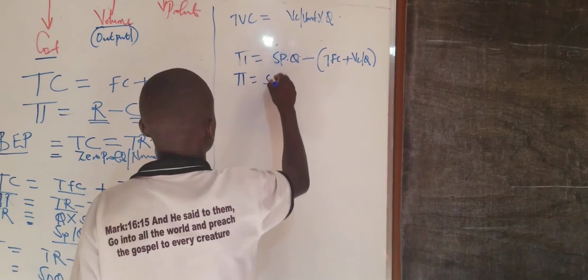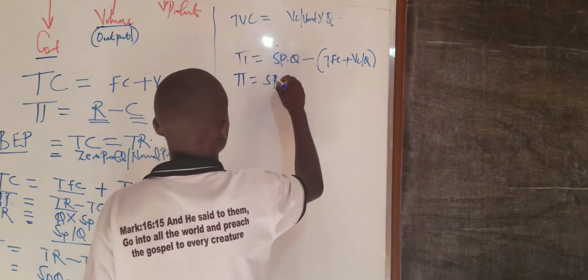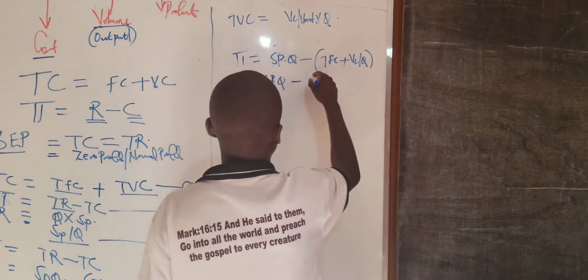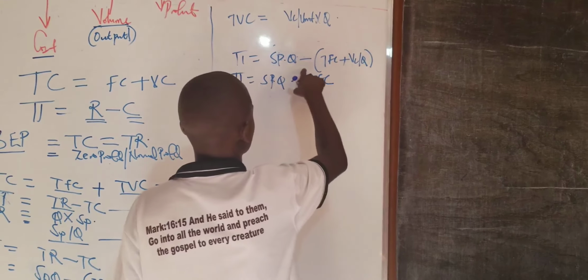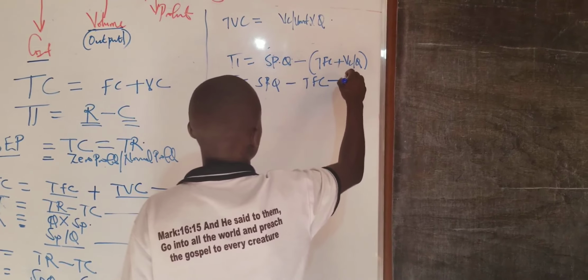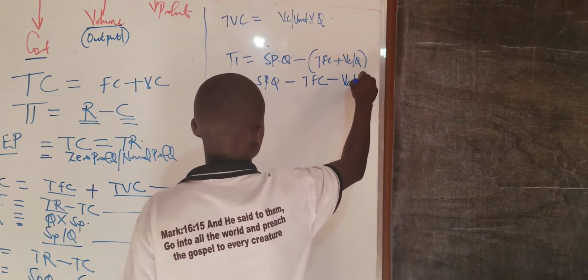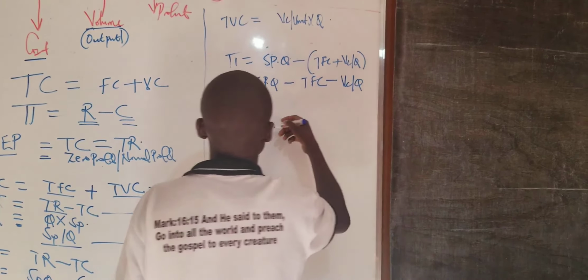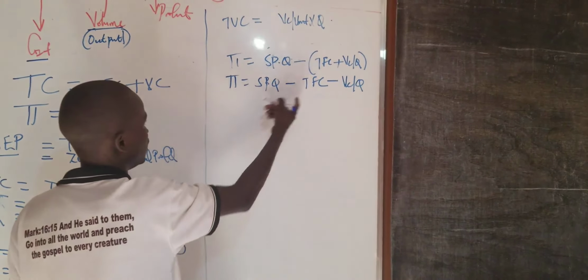Profit equals selling price times quantity minus total fixed cost, minus variable cost per unit times quantity, remembering that a negative times a positive gives a negative. Then we collect like terms. The total fixed cost comes to this side.